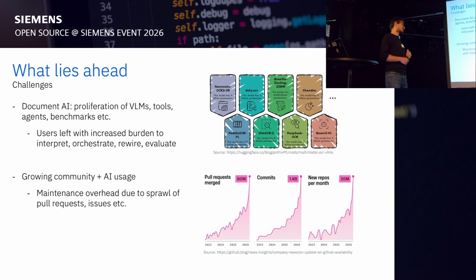Okay, we saw how we got here. Now what's next? I will start with a bit of the overall what's next, which is the kind of elephant in the room of the growing community that we do appreciate we have, but also the growing AI usage, which is just a global reality for everybody right now.